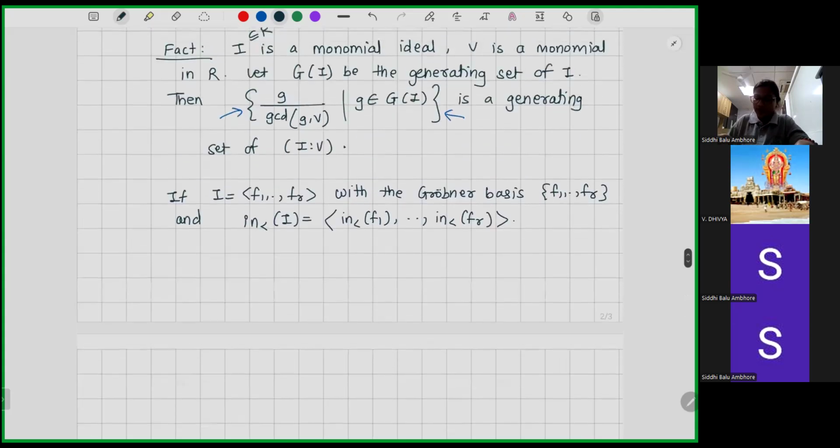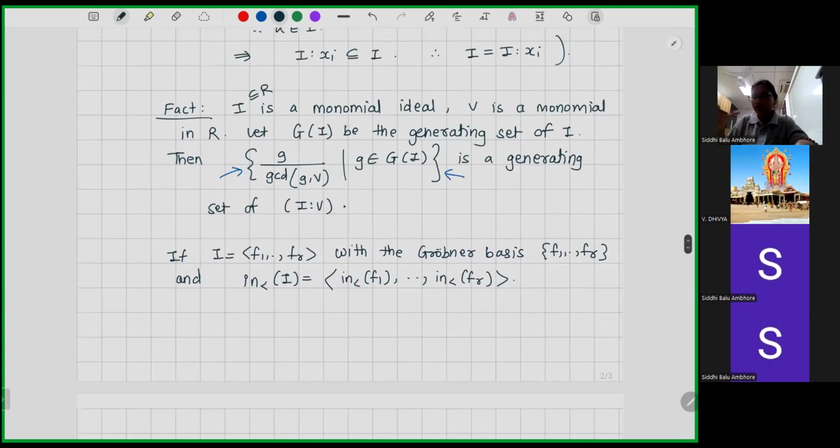And when we consider the minimal Gröbner basis, this initial ideal is minimally generated by these initial terms.